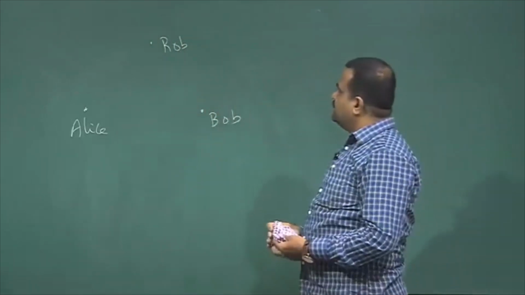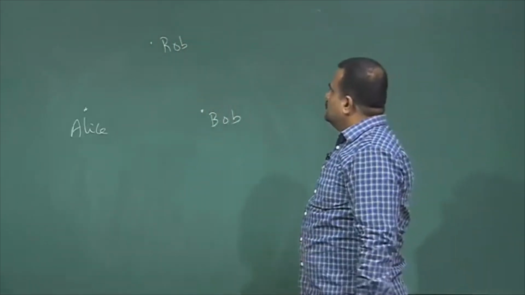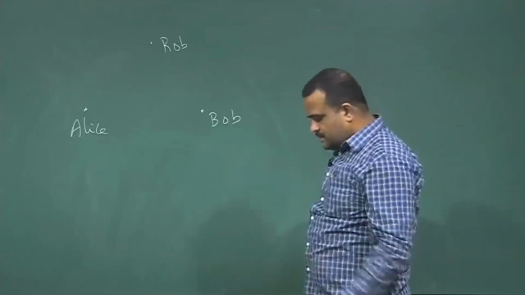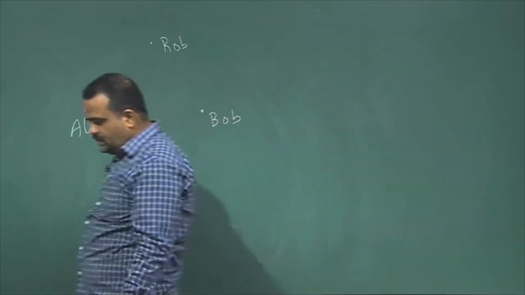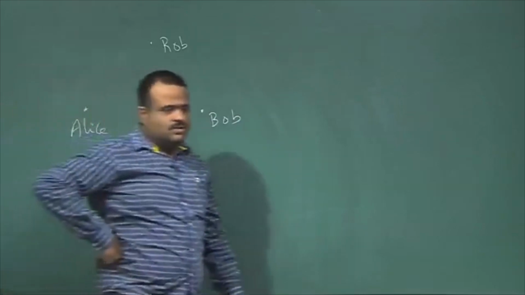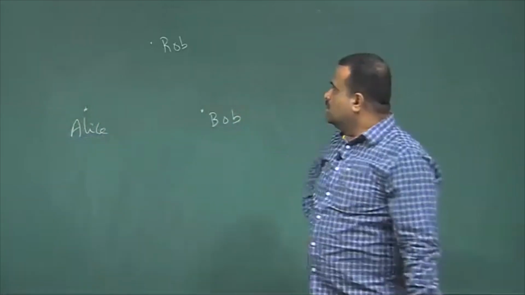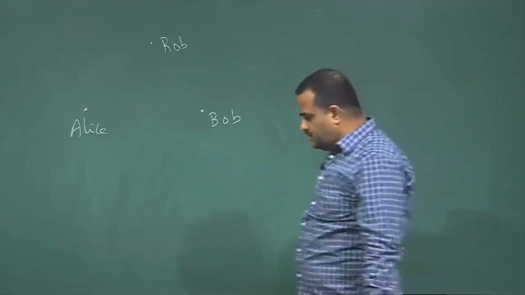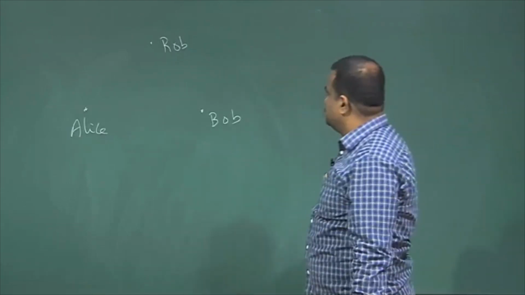The question is how they can agree on a common key. So, key exchange between 3 parties. We want to see whether we can extend the Diffie-Hellman protocol for this 3-party key exchange protocol.